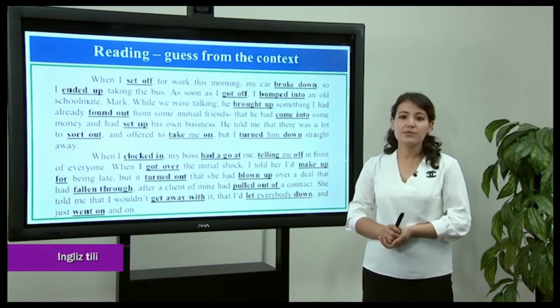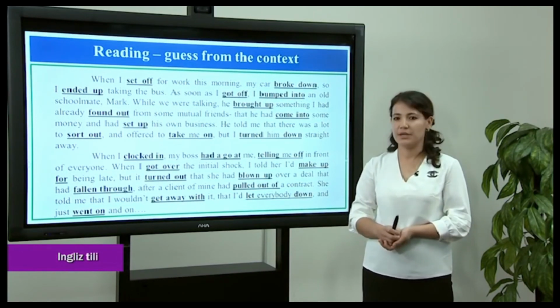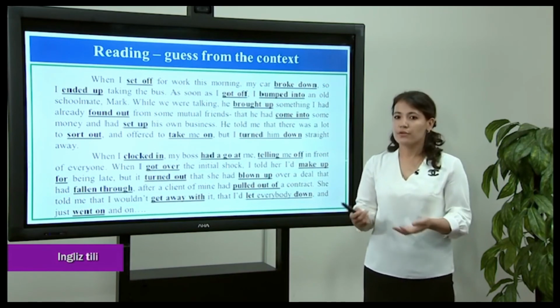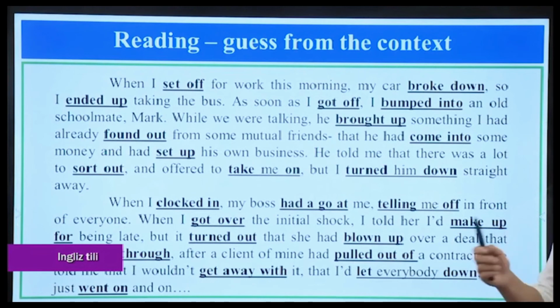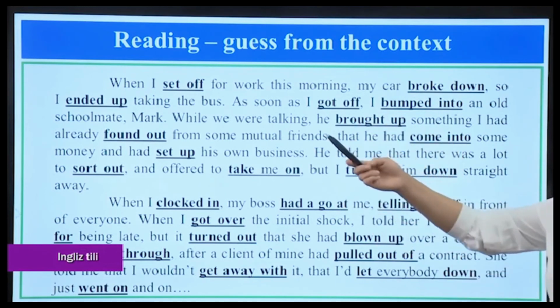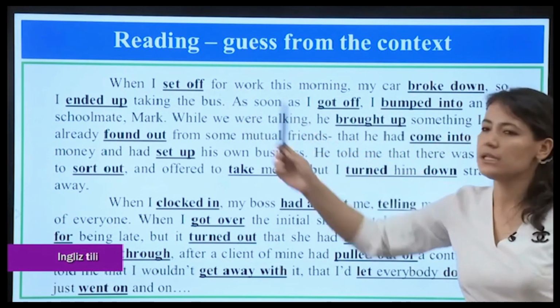So, sometimes your pupils should guess the meaning of the phrasal verb from the context. For this, you should provide them with a text that is full of phrasal verbs. And your pupils will find out the meaning of the phrasal verb from the context, the words around the phrasal verb.